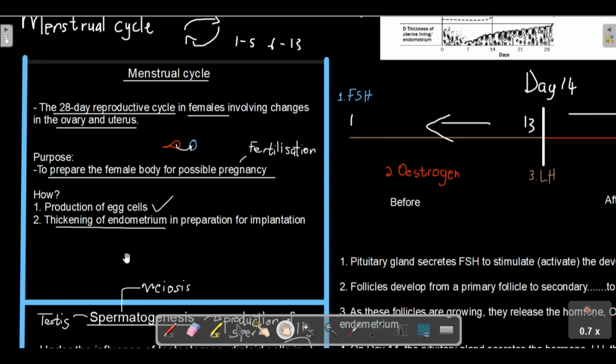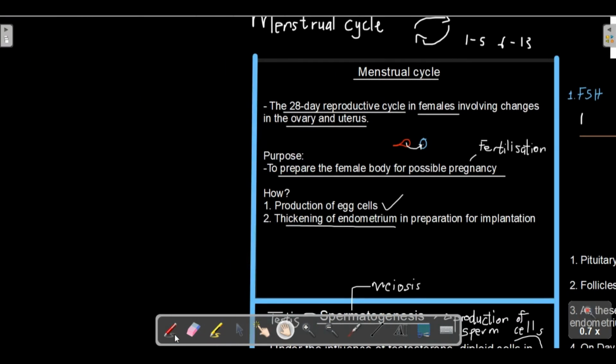Okay. So, if we revisit oogenesis, we said that egg cells grow inside these structures that we call follicles, right? Inside follicles, you will have diploid cells that will divide by meiosis to form haploid egg cells.